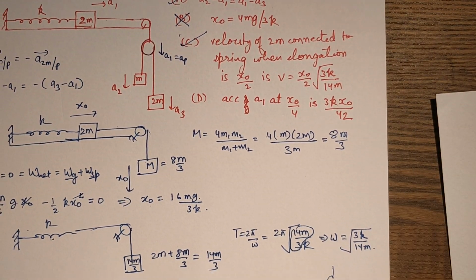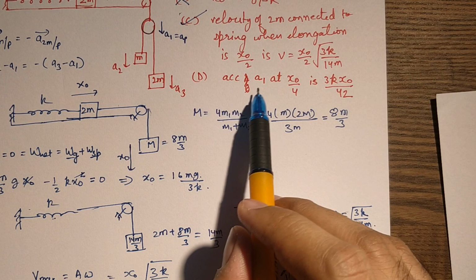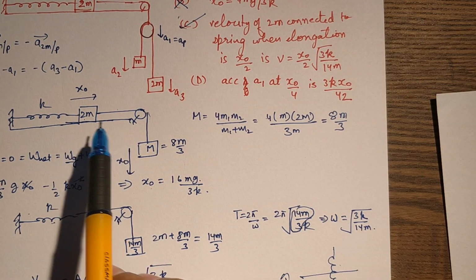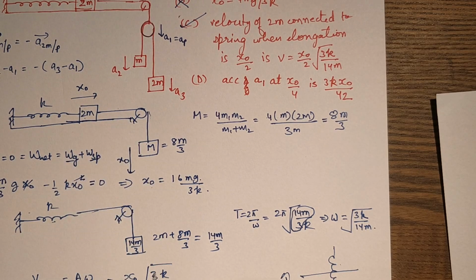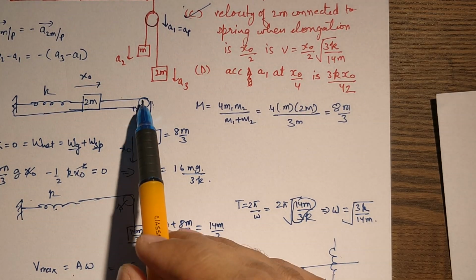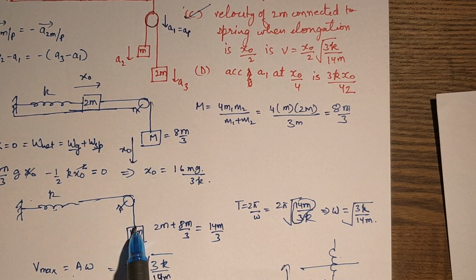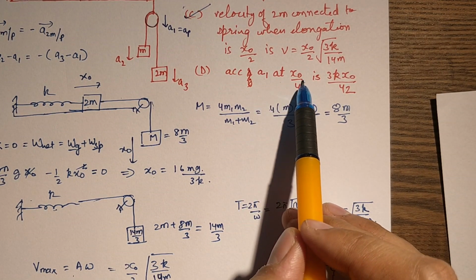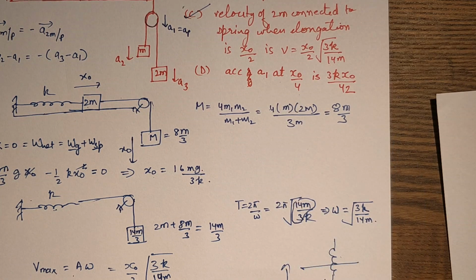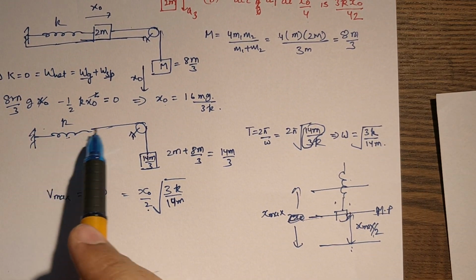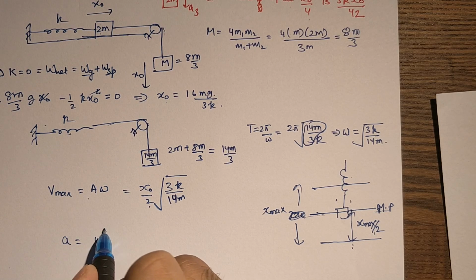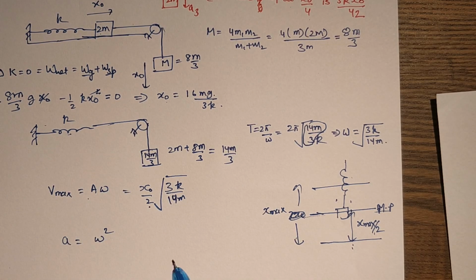Option D is very simple. They are asking the acceleration of A1. A1 means 2m, but we very well know the acceleration of these two will be the same. That's why I simplified this diagram into a one block system. So the acceleration when elongation is x naught by 4: in a simple one block spring system, acceleration is omega square into elongation or compression.